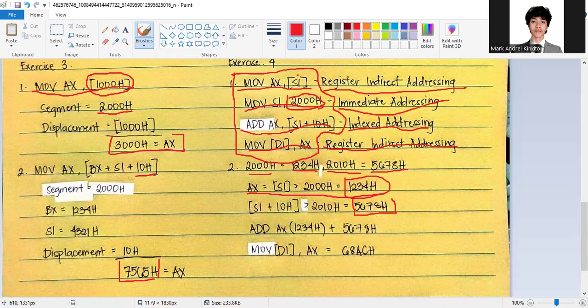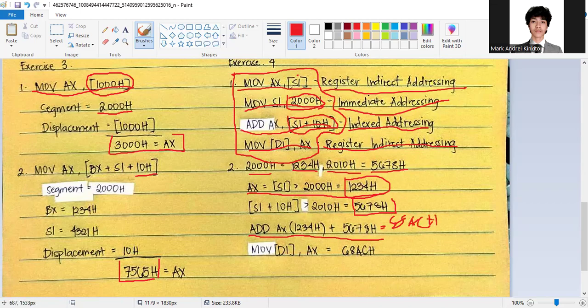Now we add them. AX plus the sum of this, so it will be 5678 plus 1234H. We get a total of 68ACH.